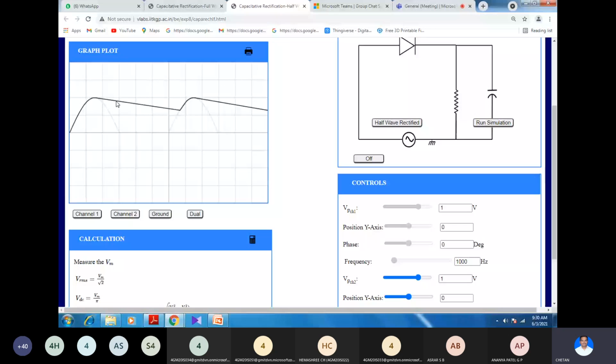So here what would happen is the amount of voltage which is left, or the charge which is held by this capacitor, would be obviously less compared to the applied input voltage. When this input voltage is greater than the charge held by this capacitor, then only the capacitor would again start charging, because this diode would be forward biased whenever this voltage is greater than the voltage of the capacitor, right?